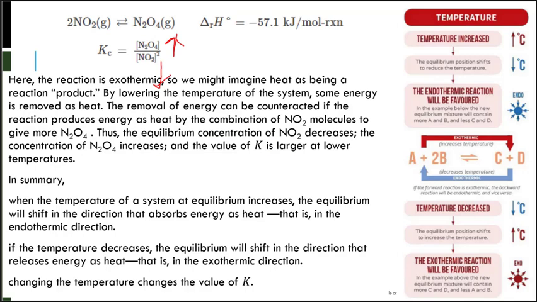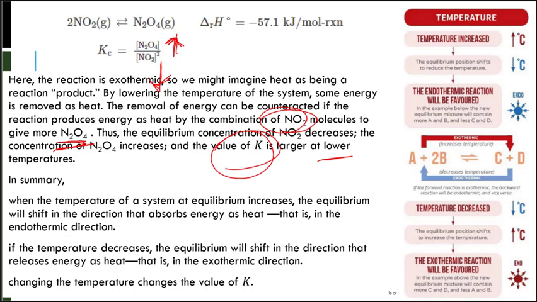And because I'm going to have more N2O4, the concentration in my numerator is going to increase, and we're using up the NO2, so that concentration will decrease. That's going to give us a larger value of K at those lower temperatures.